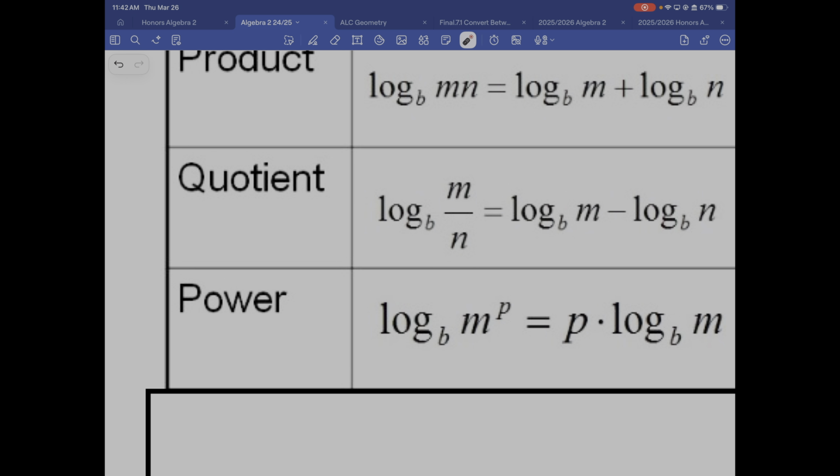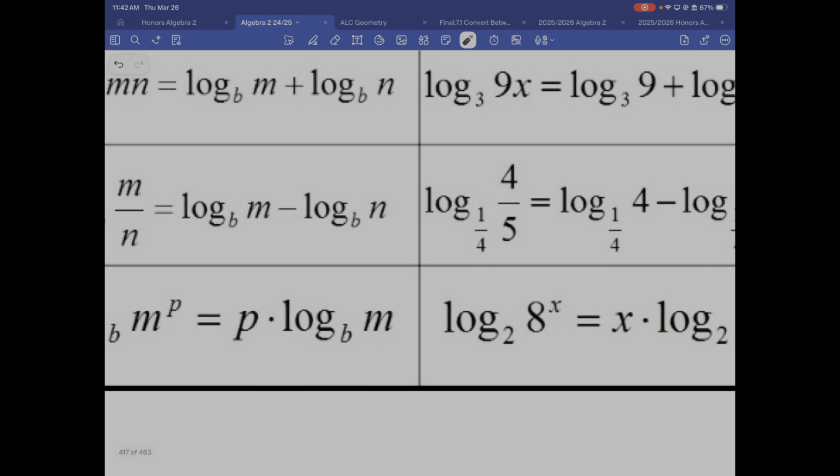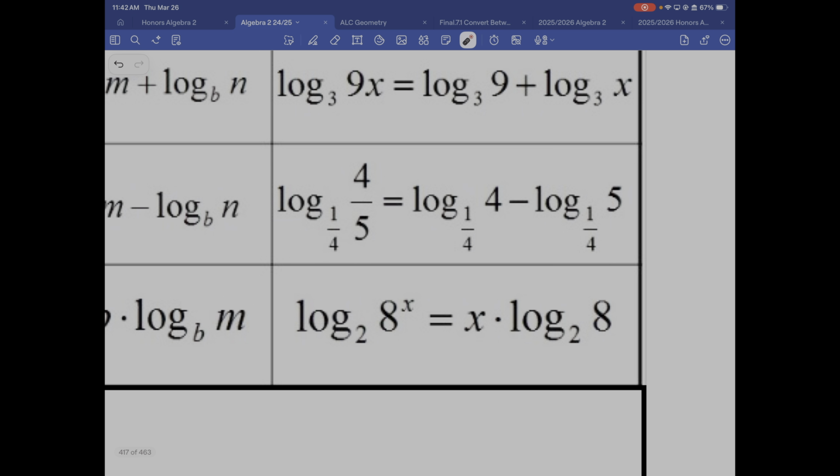So log base b of m divided by n is the log base b of your numerator minus the log base b of your denominator. That's, again, going from single log to multi-logs. So, again, if I have log base 1/4, this 1/4 is just my base. It's a bad base, if you ask me, but it can be a base. So log base 1/4 of 4/5.